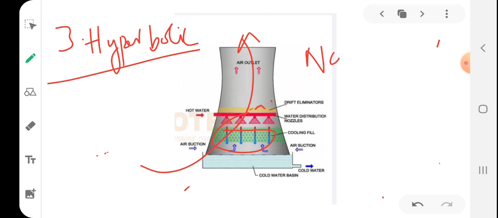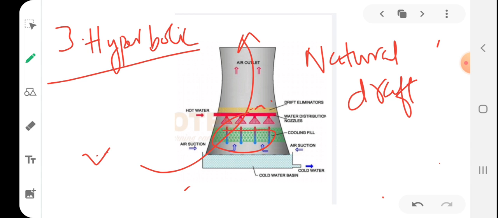Natural draft means that, due to the density difference, since the air outside the cooling tower has a lower temperature and the air inside has a higher temperature, naturally the air outside will push the air inside the cooling tower to move upwards, and it will exit the cooling tower.